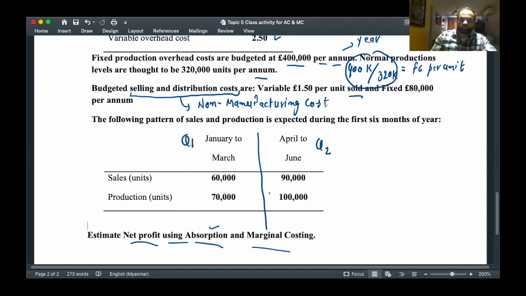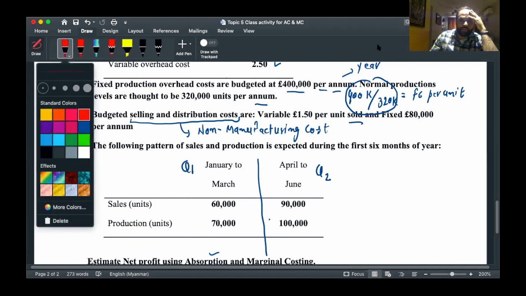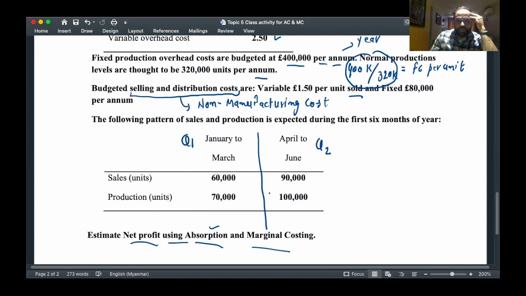Check again. Now read again. Variable cost is 1.5 per unit sold. All right, per unit sold. And how many we sell?